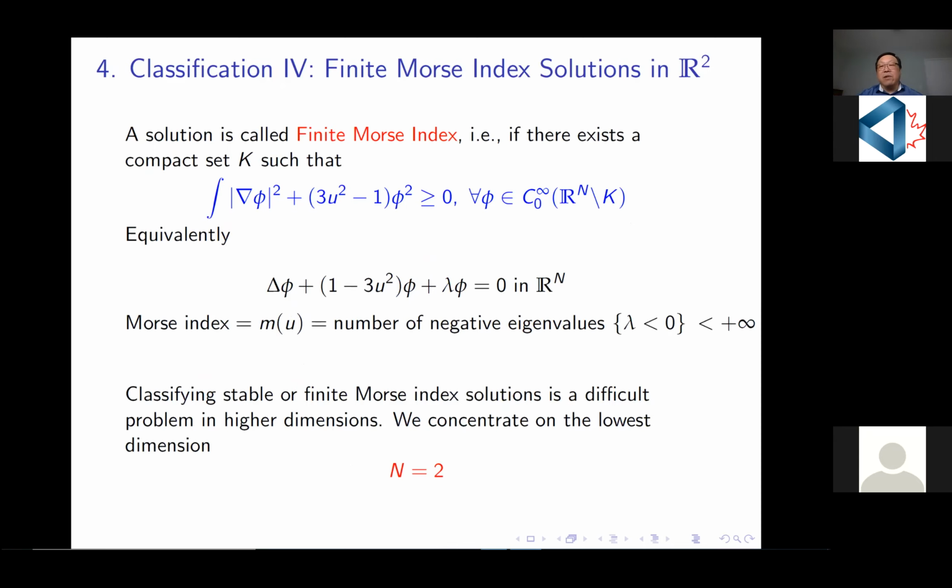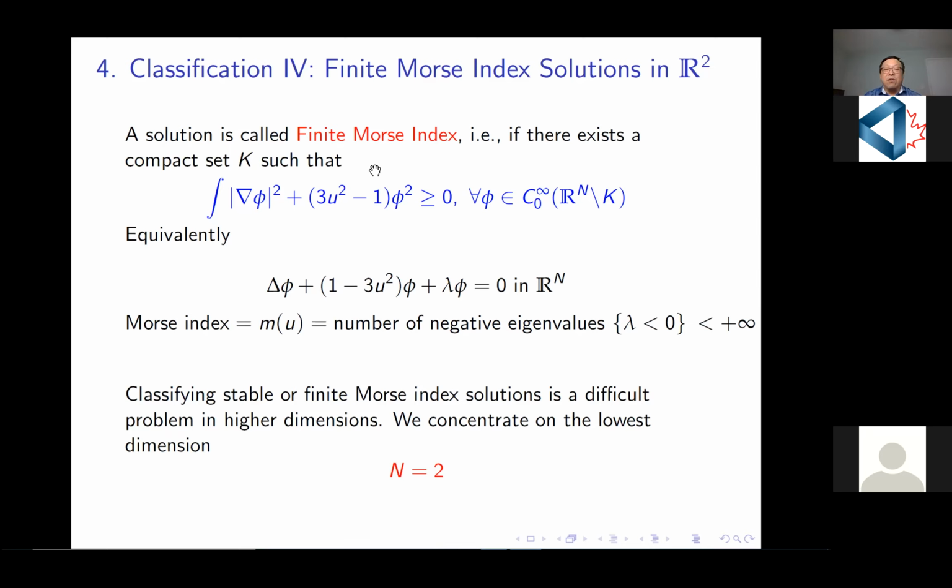All right, so we have done the monotone solutions, global minimizers and stable solutions. Next, we want to look at the finite Morse index solutions. So what are they? These are solutions that are not too unstable.